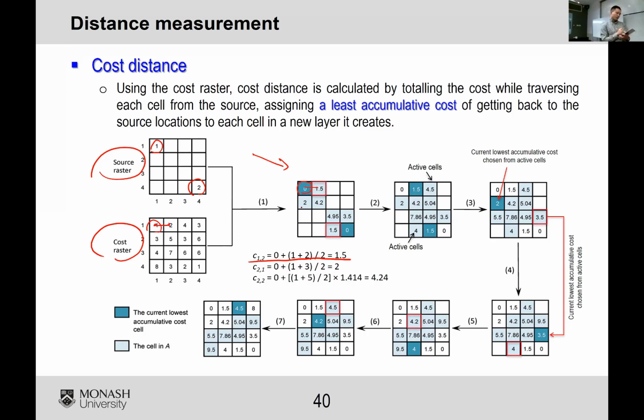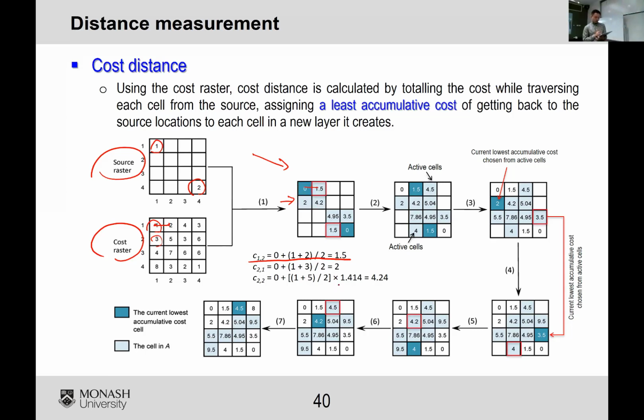Similarly, we can calculate the least cumulative value or cost for this cell here. And that is 1 plus 3 divided by 2. And for diagonal, remember when we measure the diagonal distance in raster data, we use the square root of 2 as the distance.